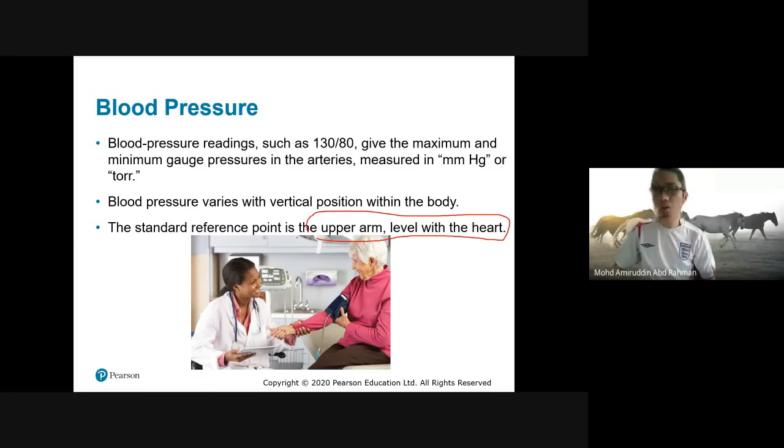The point where you measure must be horizontally at the same level as your heart. So your heart is over here, so you need to measure the pressure somewhere over here. Then you will get a correct pressure for your blood pressure reading.